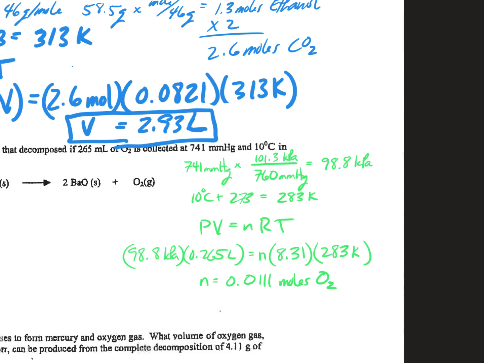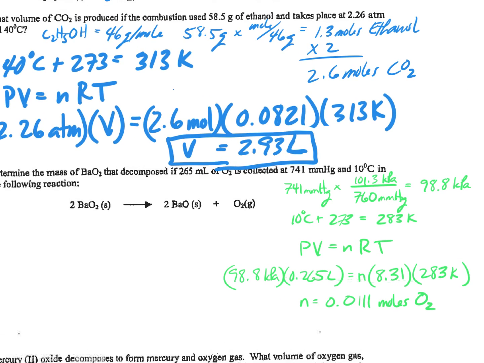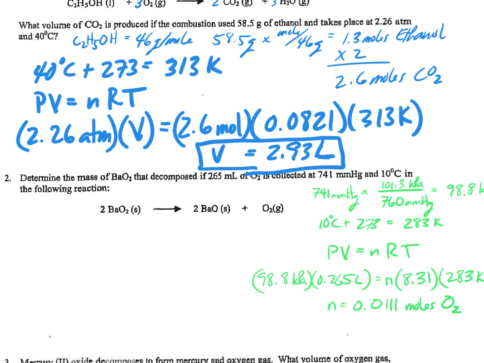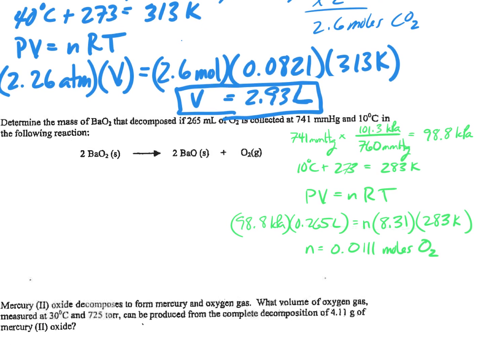No big deal. Now, looking at the equation here, for every one oxygen, we're going to need 2 barium peroxides. Okay, so the mole ratio that we need is going to be 1 to 2. That means the number of moles of barium peroxide is going to be 0.0222 moles barium peroxide.